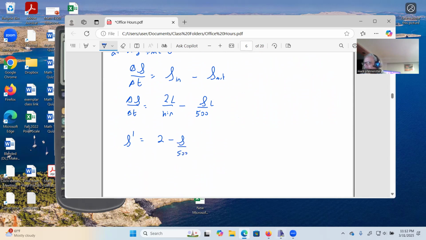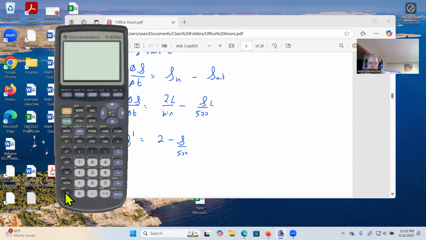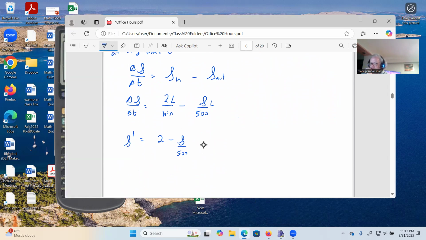Okay, what is 1 over 500? Because I don't want to deal with a fraction, but we'll just go with 1 over 500. This book is very happy with 0.002. That's what they like to do. So we'll rewrite that: S prime equals 2 minus 0.002 S. We'll put the leading zero in there.